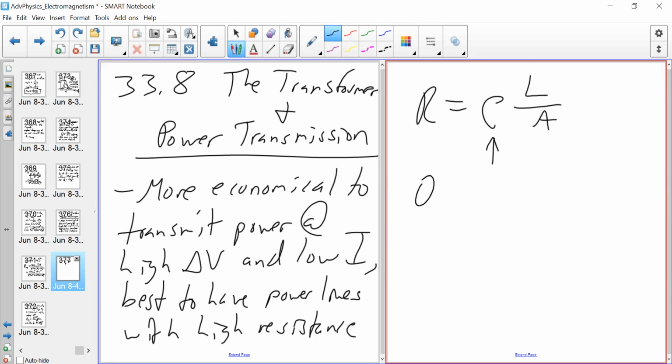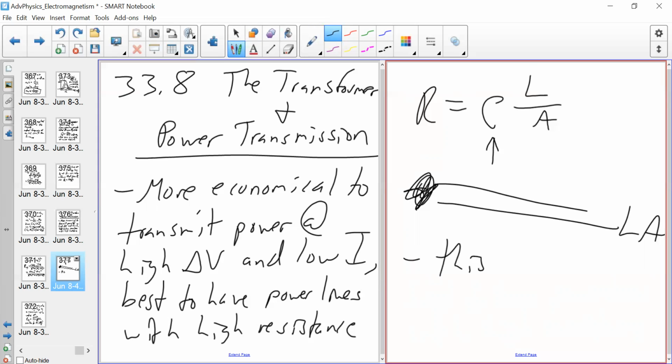That's why the power station is 500, 200 miles away from the city, and you have these lines coming in, in order to maximize this. By setting this all up this way, this minimizes their power loss. And you want to minimize that.